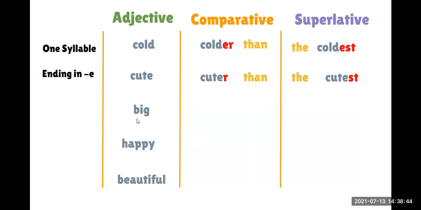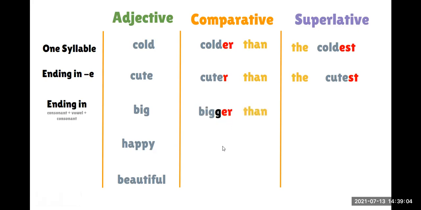Yes, you are right. When we have a consonant, vowel, and consonant in an adjective, the only thing we need to do is to double the consonant. Okay? So we need to double the last consonant and add ER.